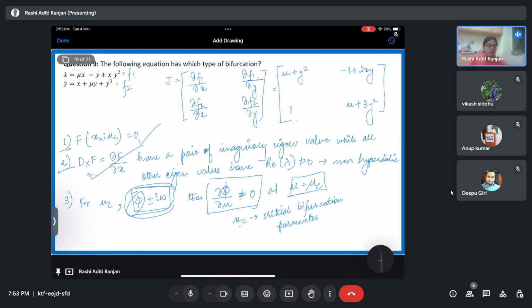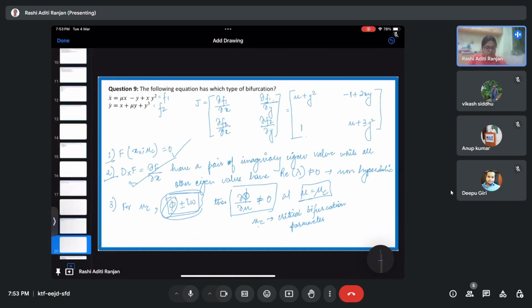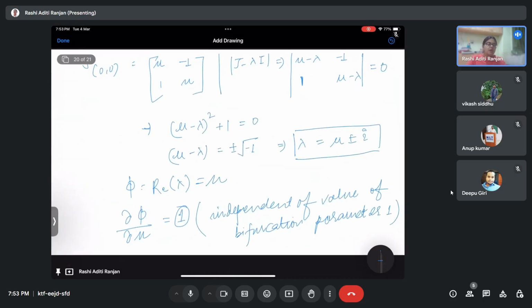Okay, but in this eigenvalue that I am getting, the differentiation is 1 because it is actually not depending upon the value of mu. So it is 1 for every critical case of mu, right? Like for example, I'm not talking about this particular equation, I'm talking about any different equation.